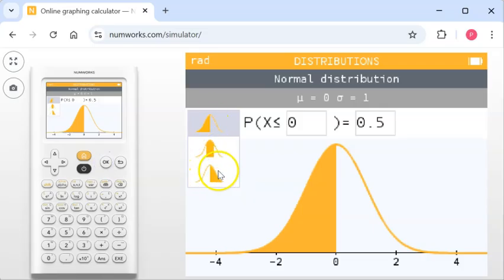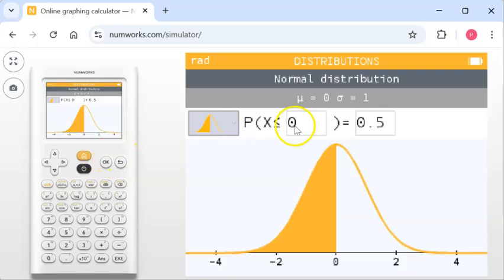You can do an above shading, a below shading, which is this one, or an in-between shading, which is right here. Well, our question is asking for below, so we want the below shading, and that's what we're going to stick with. But if you wanted one of these other ones, you could arrow down to the between, and you can also arrow down to the more than. But we're going to stay with the less than or the below. We're going to hit OK.